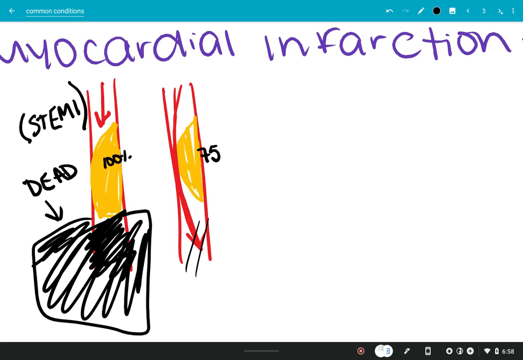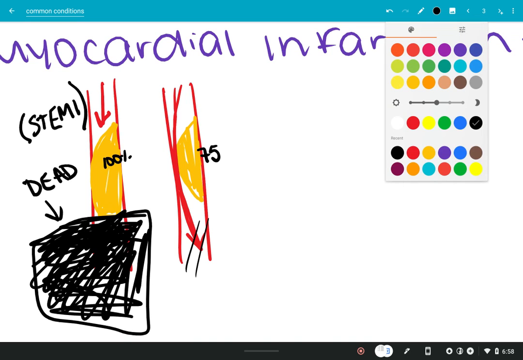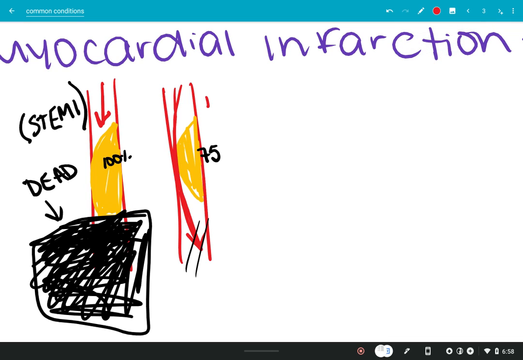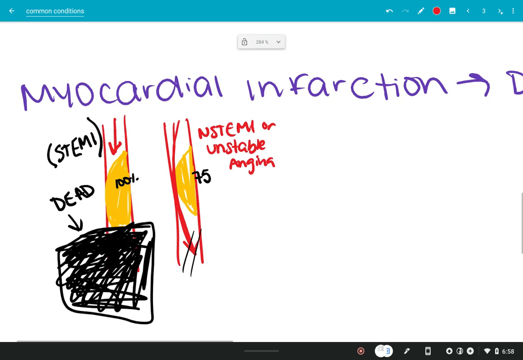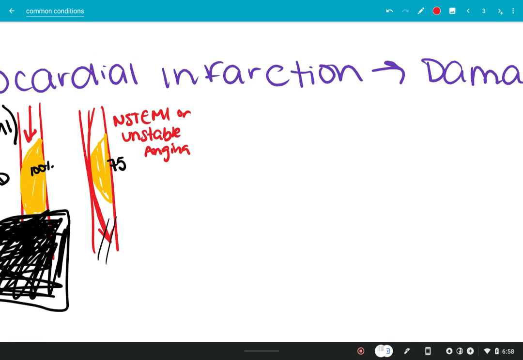It's not going to be as massive and as severe as the STEMI over here. So this could cause a non-STEMI or unstable angina. Which unstable angina and non-STEMIs have pretty much the same presentation.